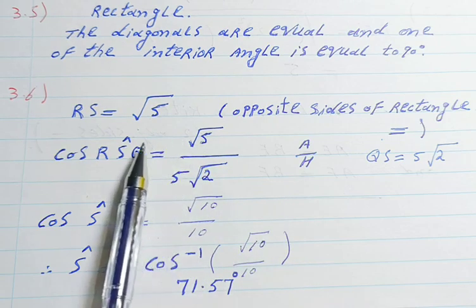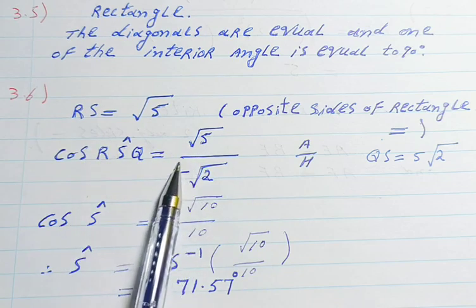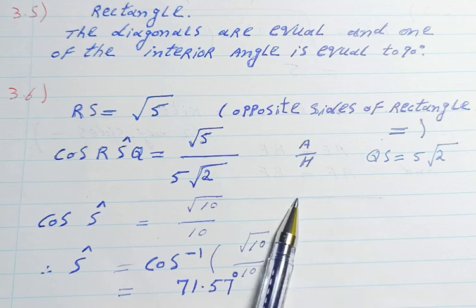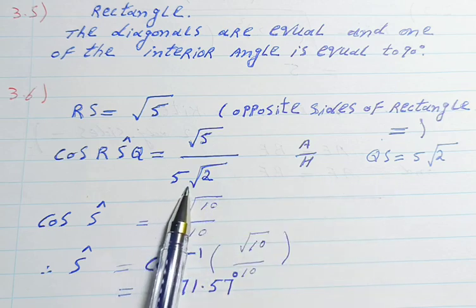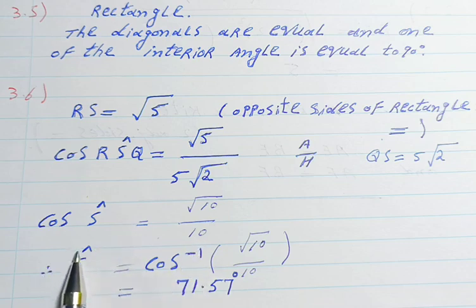The adjacent side is RS, which is 5 square root, and the hypotenuse is QS, which is 5 multiplied by 2 square root. And now we simplify, and this is the answer. And now we need to find the angle S. So the cos becomes inverse, and then we plug it into the calculator and we find the answer 71,57 degree.